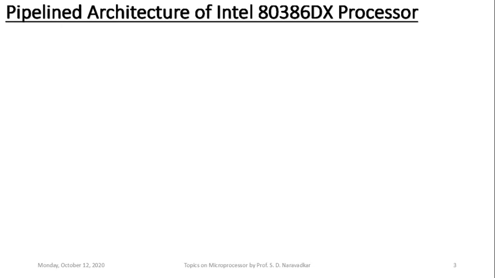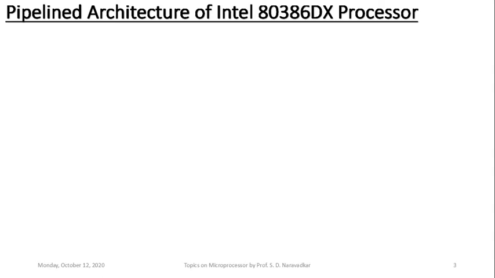From this lecture onwards, I will be taking only the details of 80386DX processor, which is Intel's first 32-bit pipeline microprocessor. Now let us start.